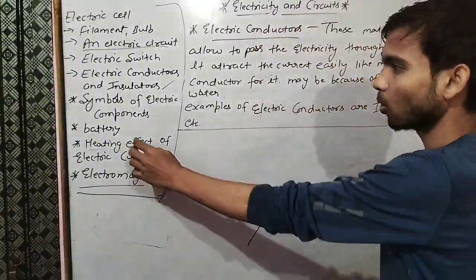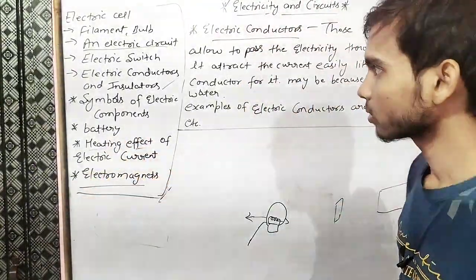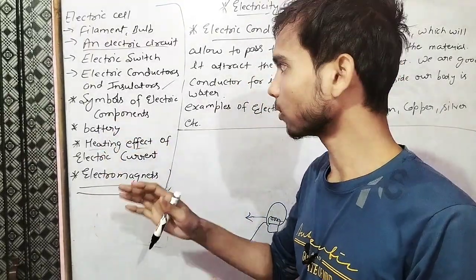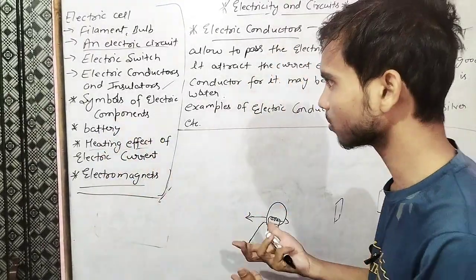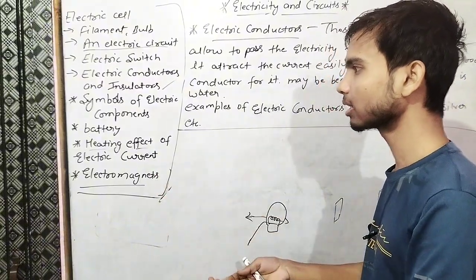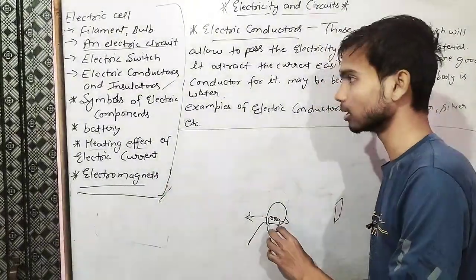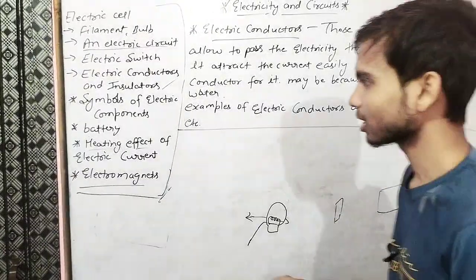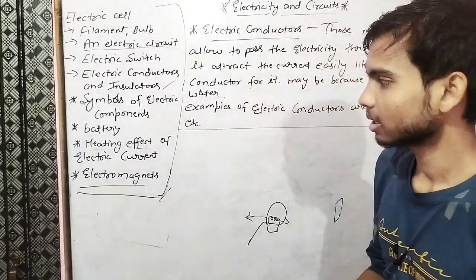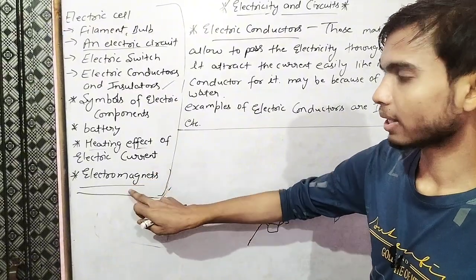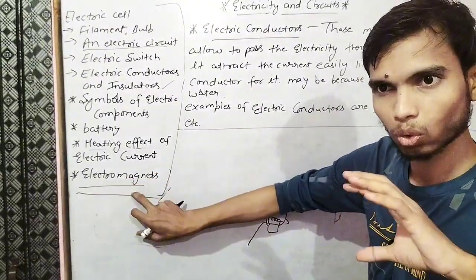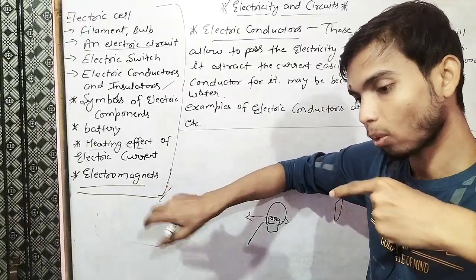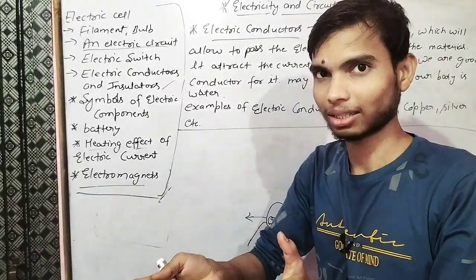That's why. We already saw the information about a battery. That's why it was simple. Heating effect can be defined with the electric circuit. Okay, electromagnet. We are adding the word magnet to electricity, so it is explaining that electricity works like a magnet. Okay.